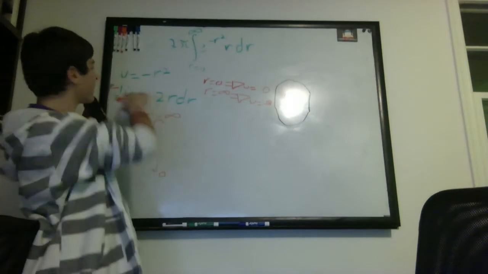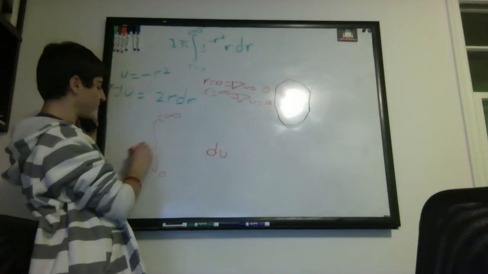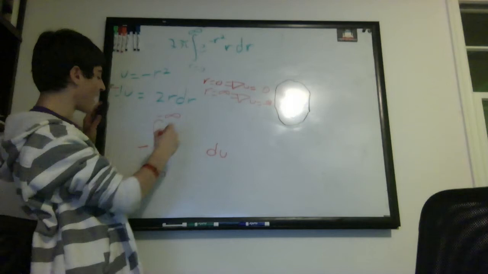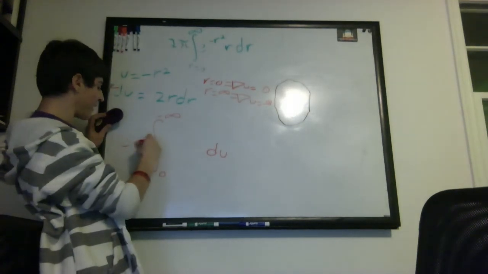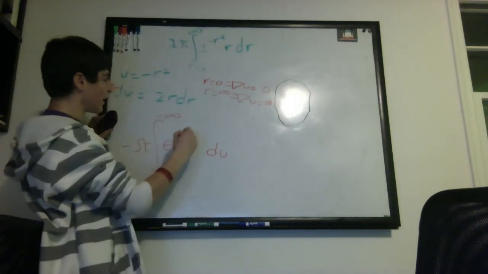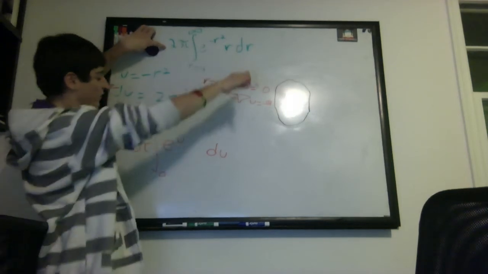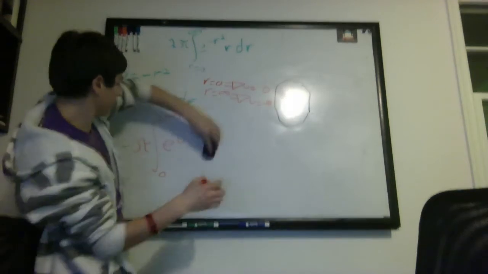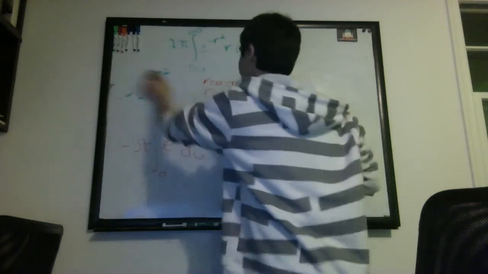So we have a minus du, and I'll put the minus sign in front because we're allowed to do that. Then everything else, we have pi times e to the u, and then 2r dr. Well, here's the 2 and here's the r dr, so that really just became the du. So we don't need that anymore.